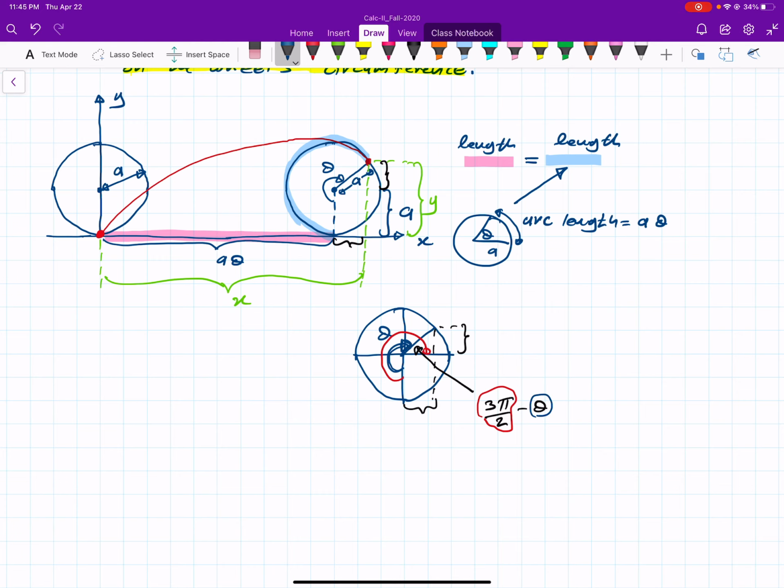So then the remaining part is 3 pi over 2 minus theta. In that case, you can write this displacement, which equals that displacement, is a cosine 3 pi over 2 minus theta, and then this should be a sine 3 pi over 2 minus theta.